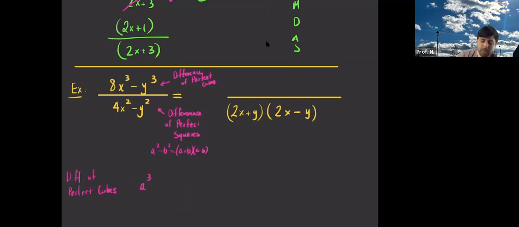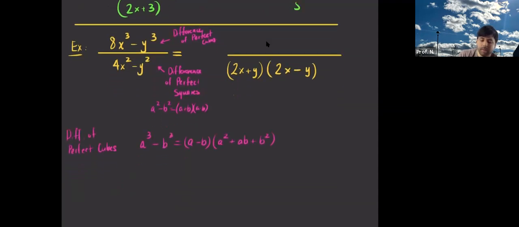So it's a cubed minus b cubed equals a minus b times a squared plus ab plus b squared. So in this case, I got what? Very good, BB. So this is 8x cubed, which is really 2x in parentheses cubed minus y cubed.